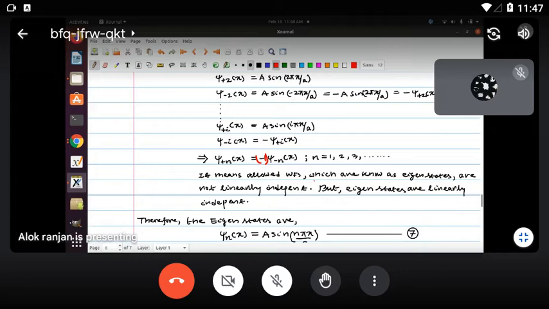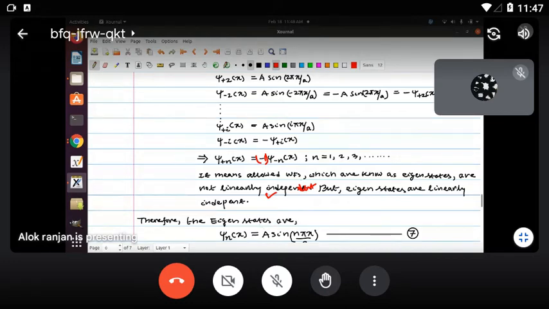So the allowed wave functions, which are known as eigenstates, are not linearly independent. Hence, we should consider either the positive side of the integer or the negative side, not both.